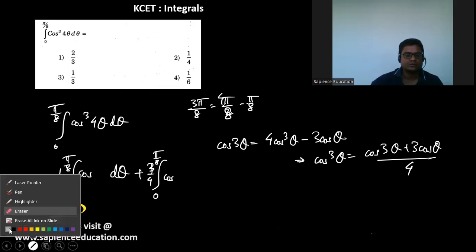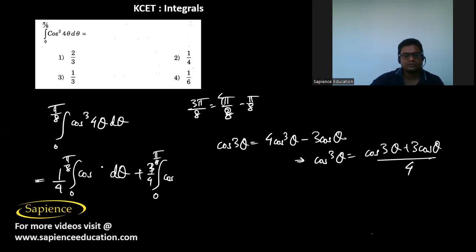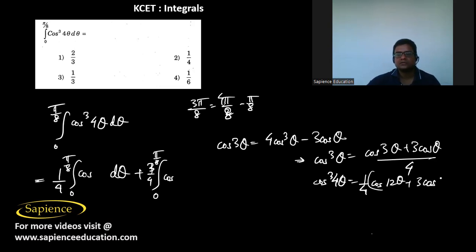So cos cube 4 theta, that will be 1 by 4 into cos 3 into 4 theta, that is 12 theta, plus 3 cos 4 theta. So this is cos 12 theta, and this is 3 by 4 into cos 4 theta d theta.